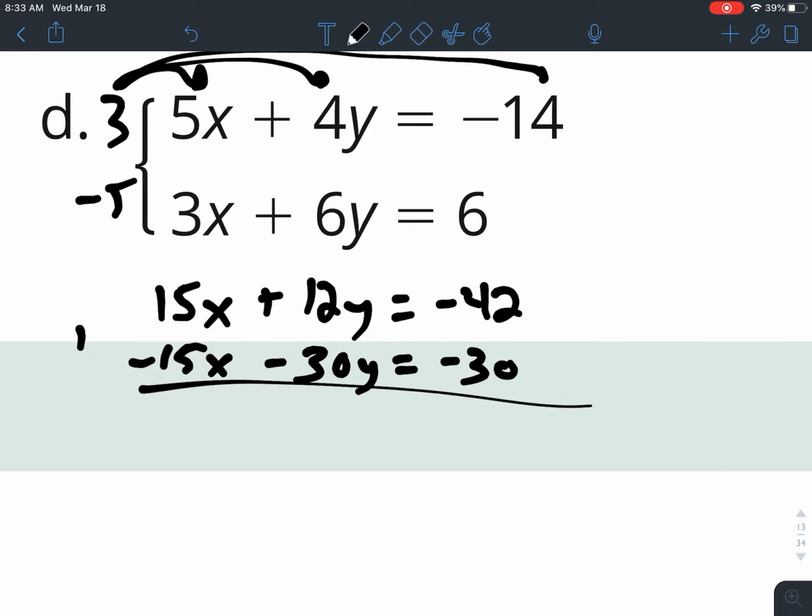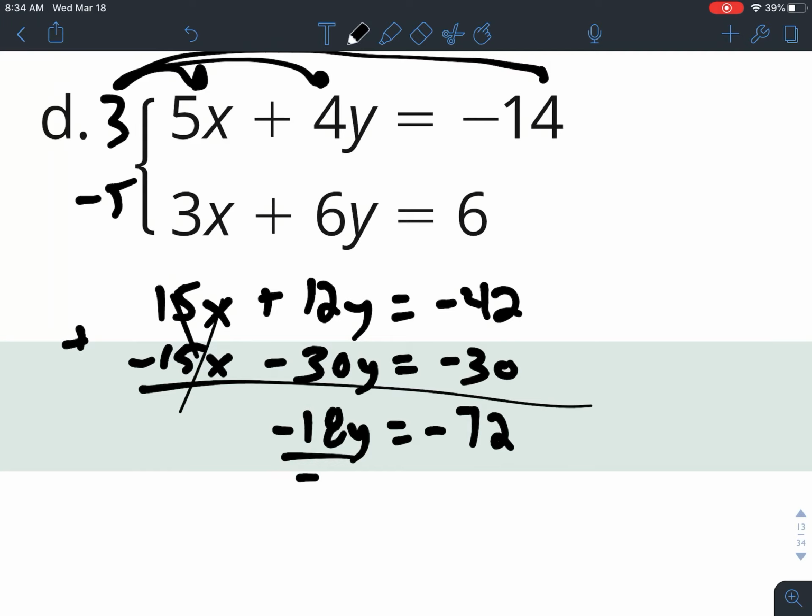Now, we add these together. This is going to eliminate out. 12y plus negative 30y is going to end up giving us negative 18y equals negative 72.